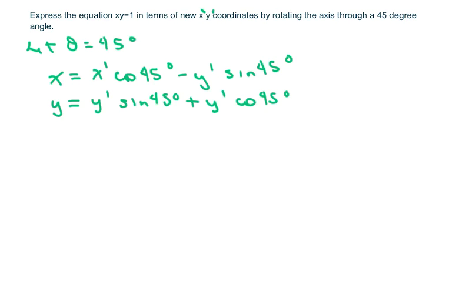Now, simplifying this, we have x prime cosine of 45, which is square root of 2 over 2, minus y prime square root of 2 over 2.